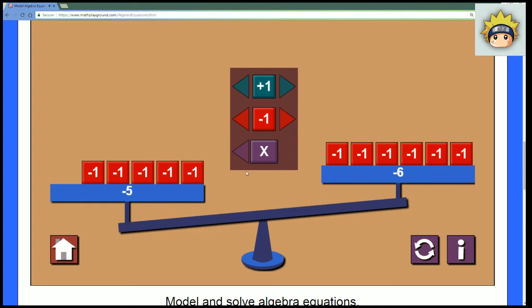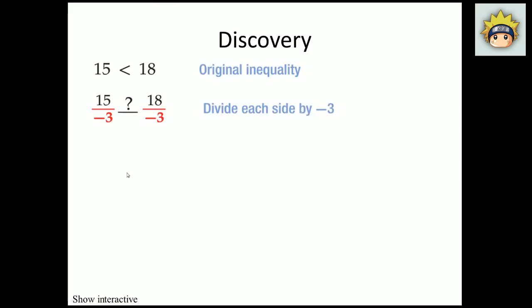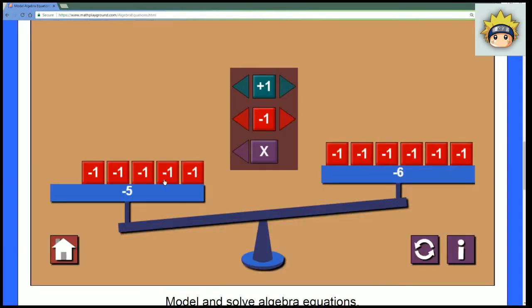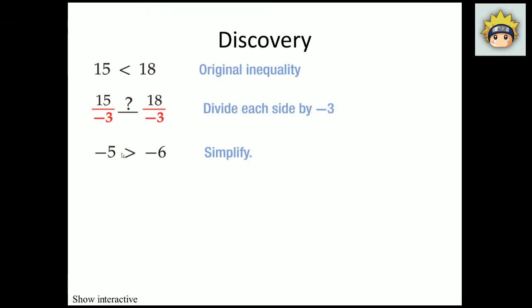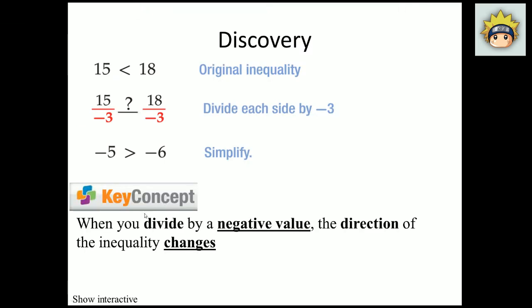Oops! Do you see that? The scale shifts. Negative 5 is greater than negative 6. Let's see if that's true. That is correct. Negative 5 is greater than negative 6. What did you notice about that scale? Here's the key concept: when you divide by a negative value, the direction of the inequality changes.